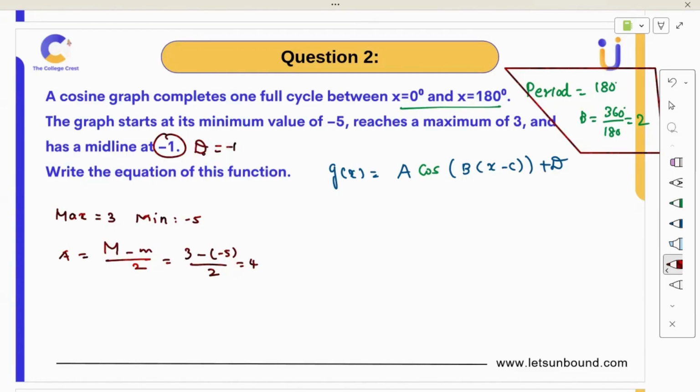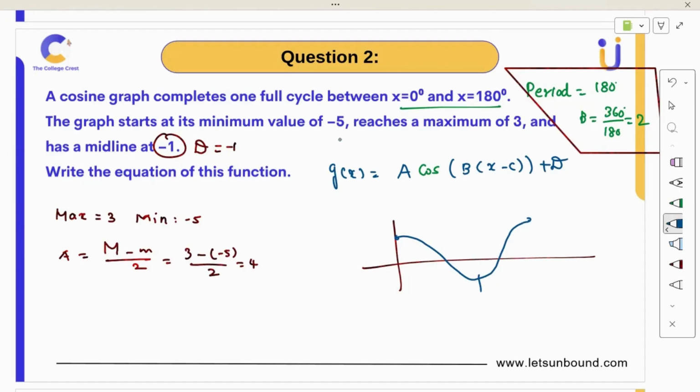So we need to find the phase shift. Did they mention any phase shift here, or do you have to look for any clues? No clues, right? Now here you see its minimum is -5, its maximum. If it's a cosine graph, it will start at max, right? So do you remember? It starts at maximum and ends at maximum, and attains one minimum in one cycle.